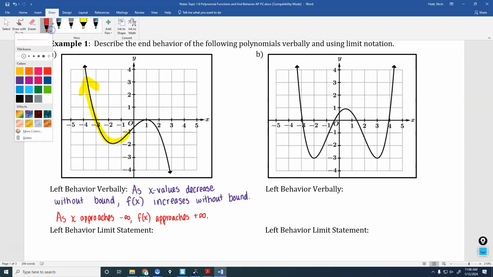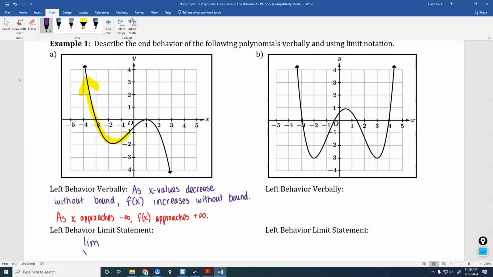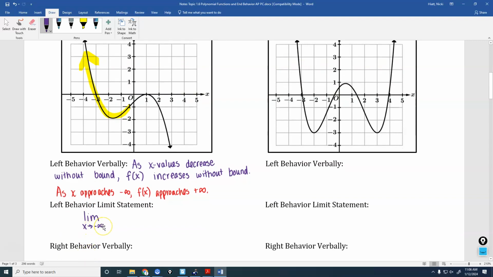Now, for limit behavior for the left side, this is what you're going to write. You're going to put limit as x approaches negative infinity. So LIM is your limit, x with an arrow, negative infinity, of f of x. You must put f of x right there, or g of x, or h of x, or whatever they've called the function. And then you'll put equals, and then we're going to put the value.